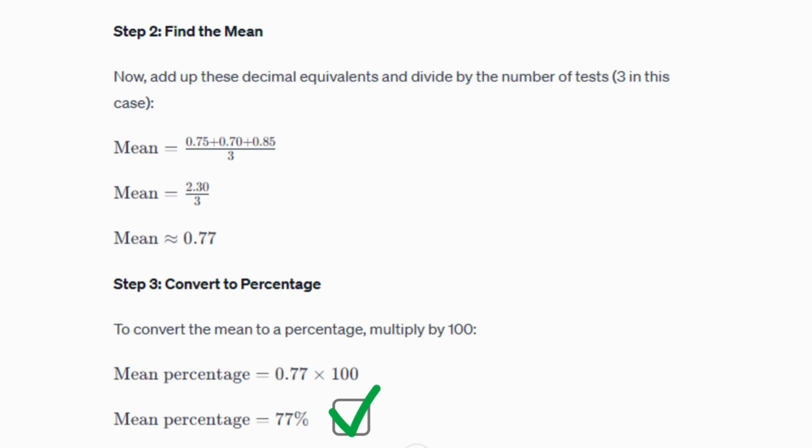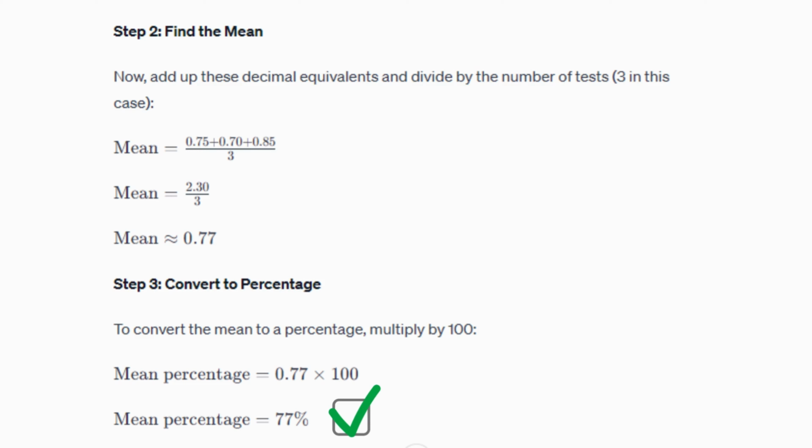If you're using percentage, then you would have got 230%. So 2.30 divided by 3, that would have been approximately 0.77, or if you did it using percentages, it would have been 77%, right?